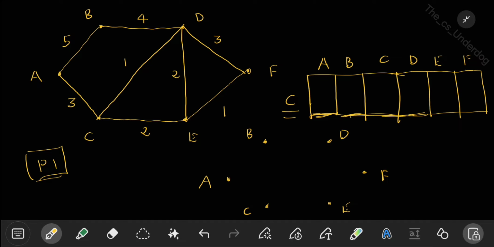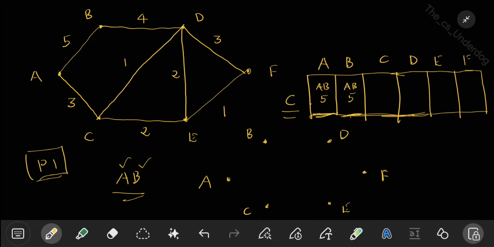So let us see the case of both the vertices involved in edge AB. One is A and the other is B. For A, you don't have an entry for now, so you will put AB as the entry. And what is the value? Value is 5. What about B? B also doesn't have an entry. So you will put AB as the entry and the value is 5.